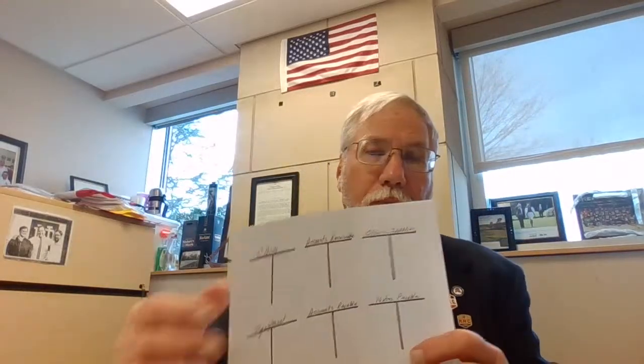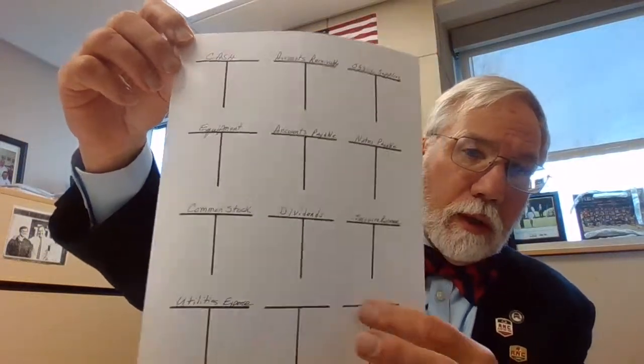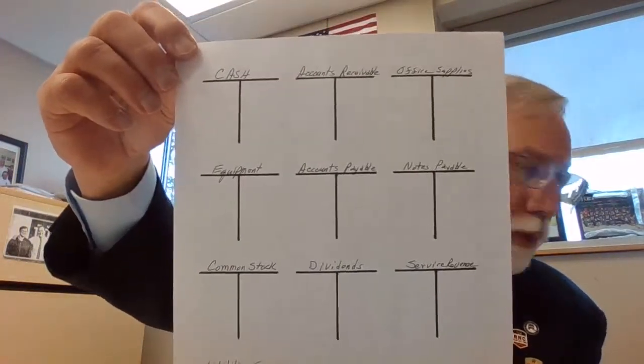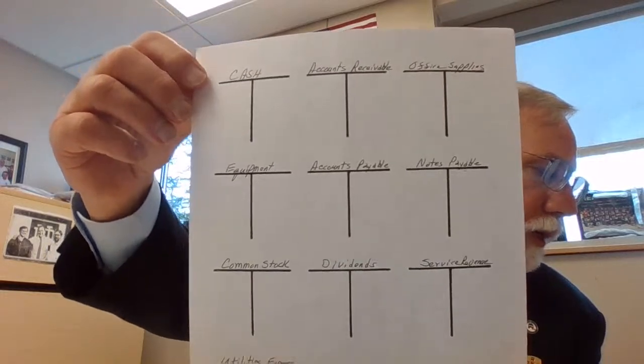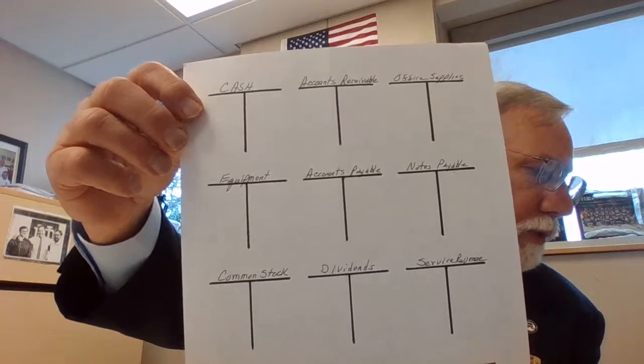We're not going to do that because they're self-explanatory. Then they tell us what accounts to use, which I went through, and they gave them in order. So I put them on one of these papers. You have two left over, and they're in order according to assets, liabilities, equity, and I forgot dividends, service revenue, and utilities. No, I got dividends in there.